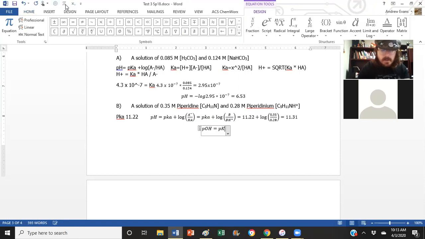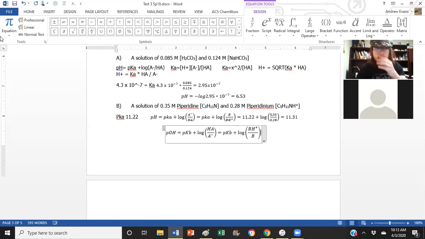pOH equals pKb plus log of acid over base, which equals pKb plus log of BH plus over B. So it's the same thing regardless of which way, whether you treat it like this or like this.